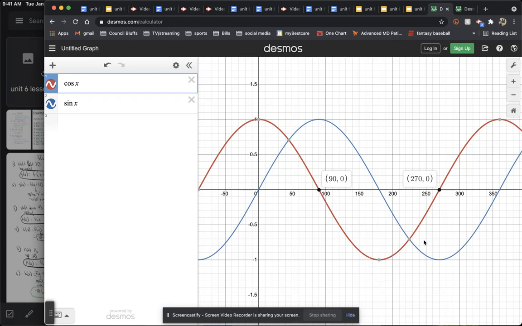Now at 90 degrees, cosine is still positive and sine is still positive. So where are both the red and the blue graph negative? They're both negative right around here. So cosine and sine are both negative between 180 and 270.